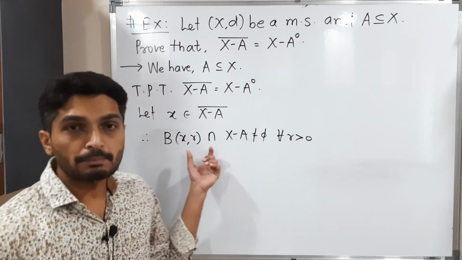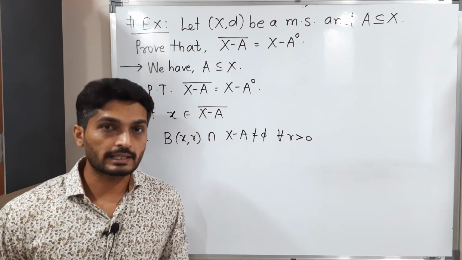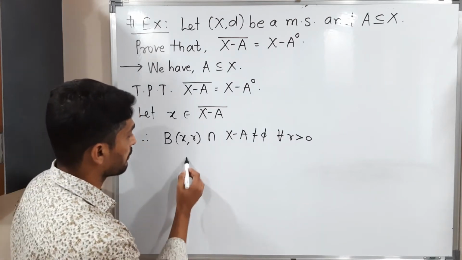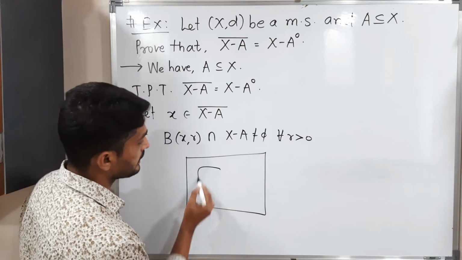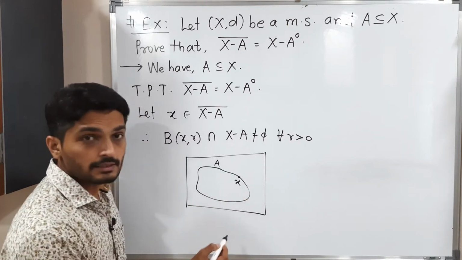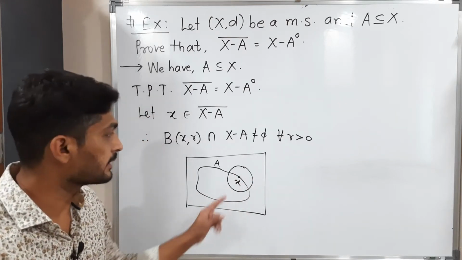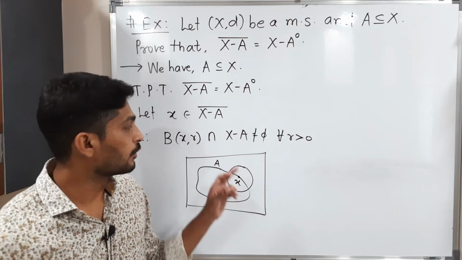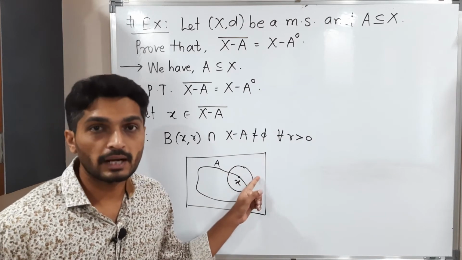It means every open ball with center x intersects X minus A. I will show you in a diagram. This is metric space (X, d). This is set A. If x is here, if you draw any ball around x, 100% that ball intersects some part of the complement of A. So it intersects X minus A.